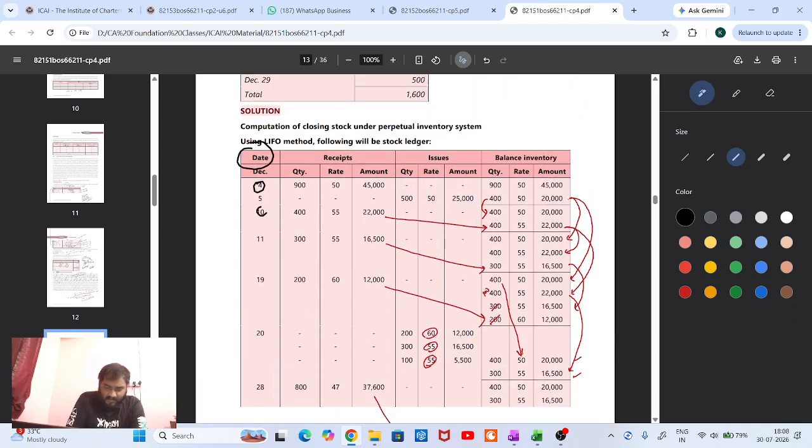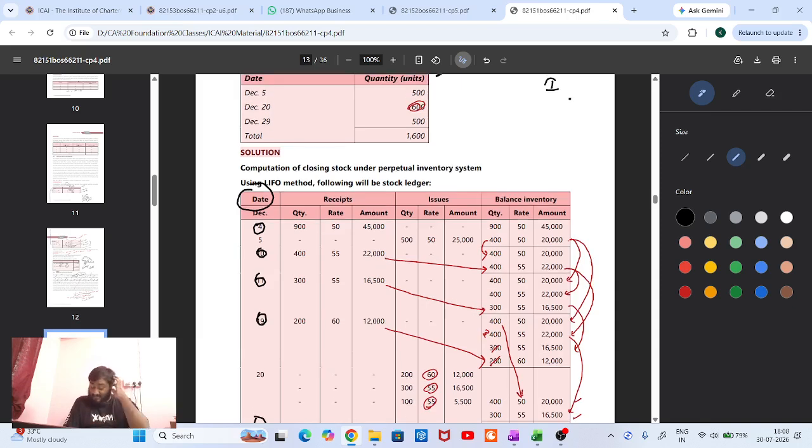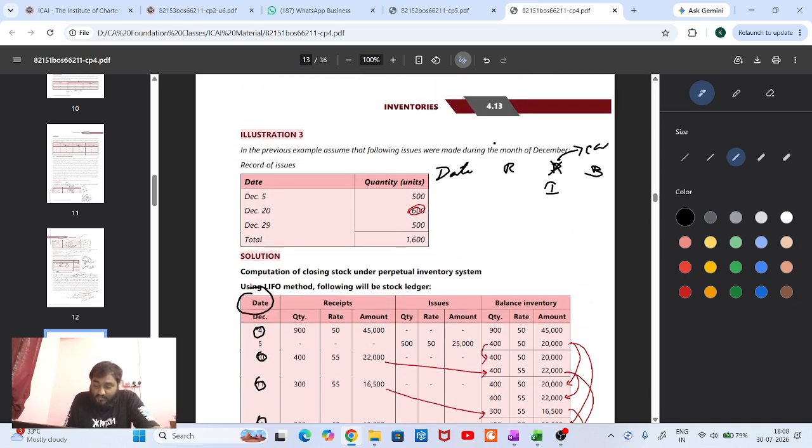Then these are the things that you have sold, the issues. On December 5th, you sold 500 units. On 20th, you sold 600. On 29th, you sold 500.